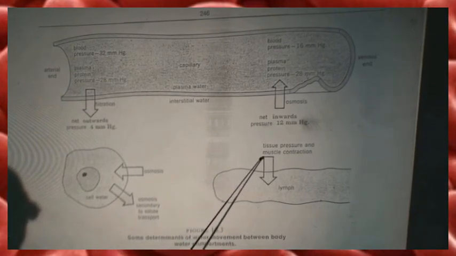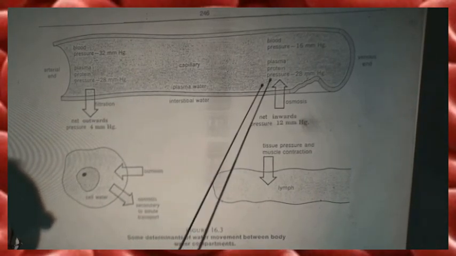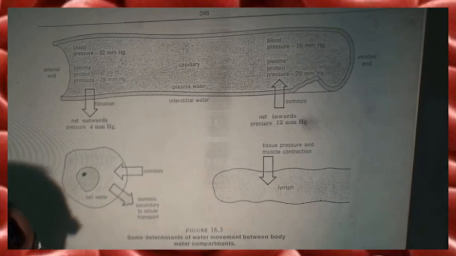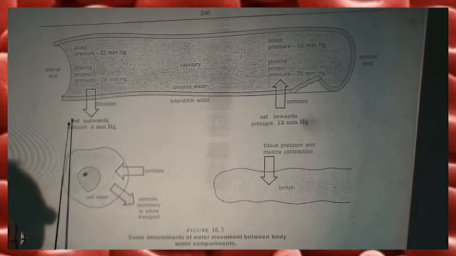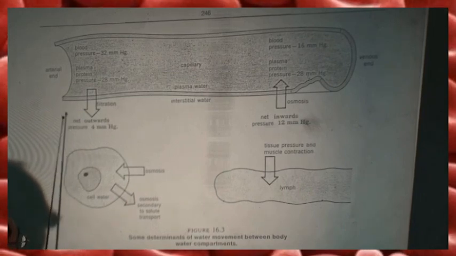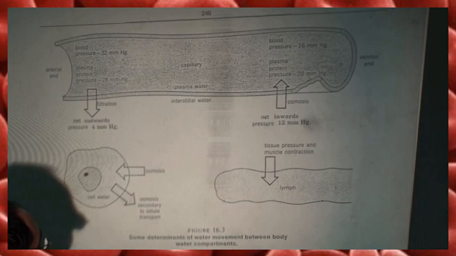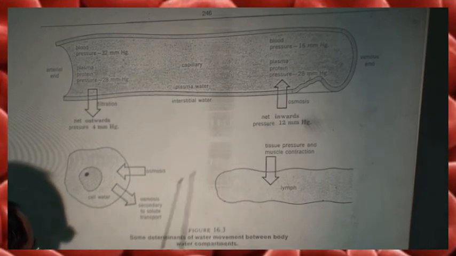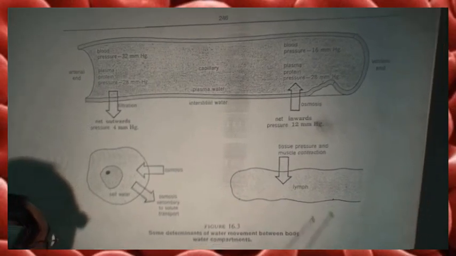At the venous end, it is the opposite. Blood pressure decreases, but plasma protein pressure does not change. There is osmosis, but not all the filtered plasma is returned to the venous end. Little plasma remains, also with little proteins.